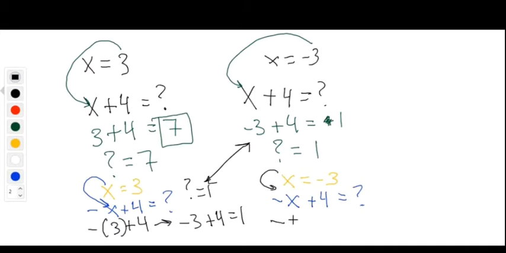You take the negative on the outside just to prevent yourself from getting confused. Put the -3 on the inside because that's what you're plugging in for x, plus 4 equals, and this is another way you can write this. Since negative times negative equals a positive, you can have 3 plus 4 equals 7. So question mark actually equals 7.